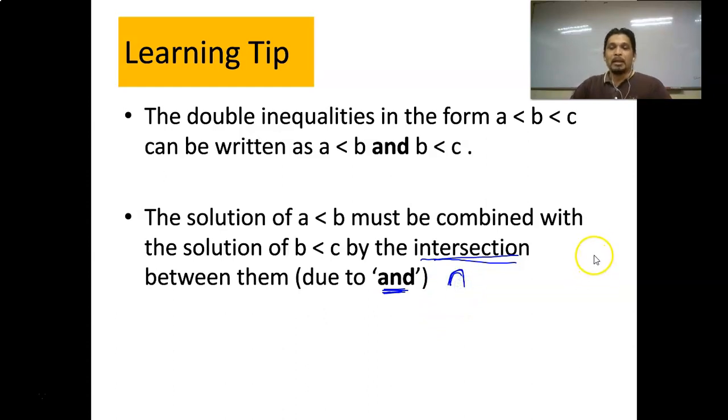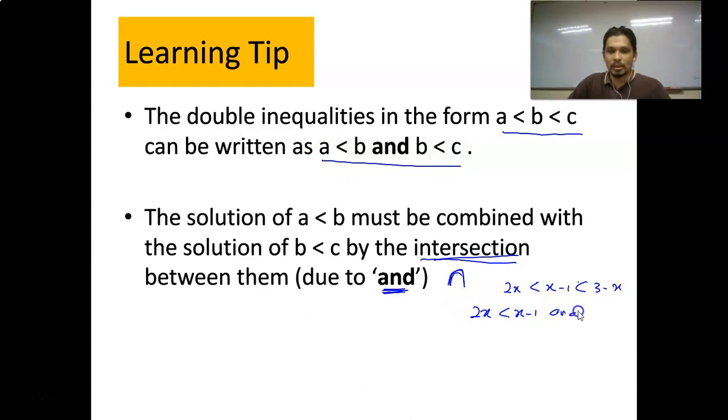For example, when I have 2x less than x minus 1 less than 3 minus x, from this form, we can separate into this form here, where 2x less than x minus 1 and x minus 1 less than 3 minus x.